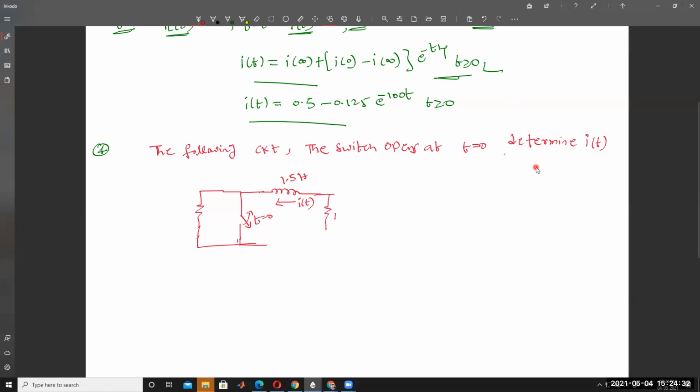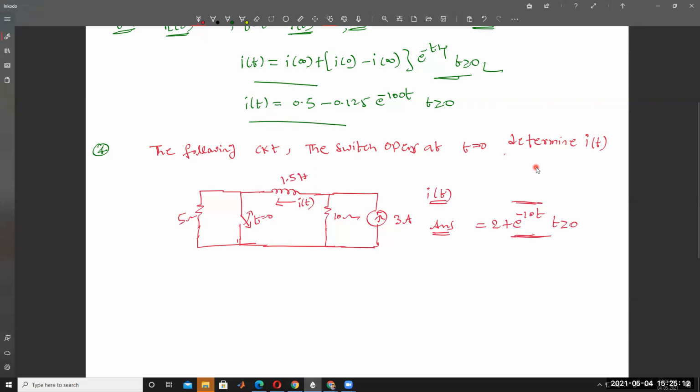This is a 10 ohm resistor, 3 amps, and this is the 5 ohm resistor. Find I of t. So that is the full answer for this: I of t equals 2 plus e power minus 10t, t greater than or equal to 0. This is the answer.